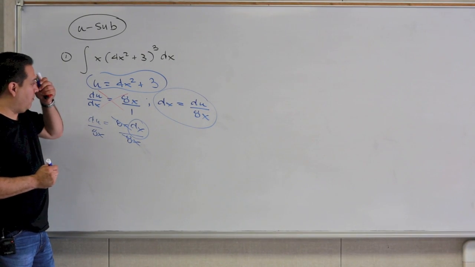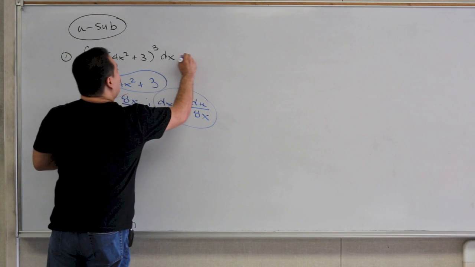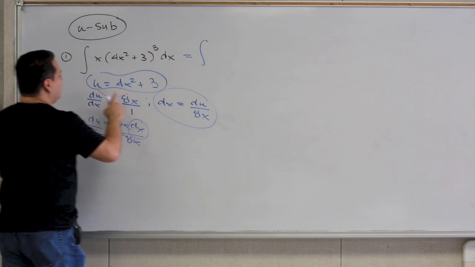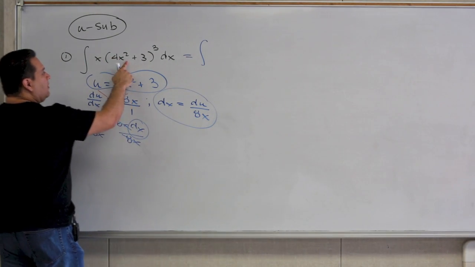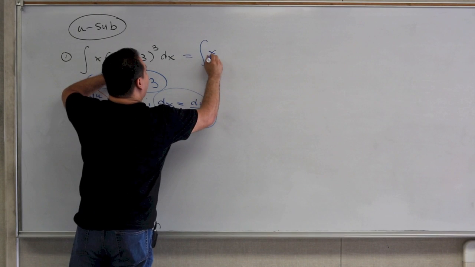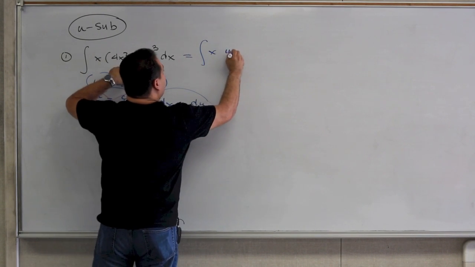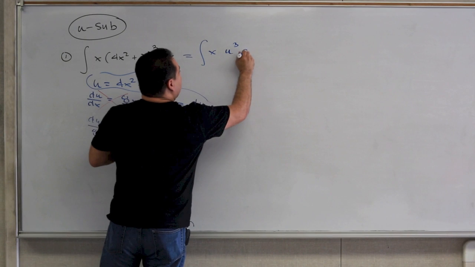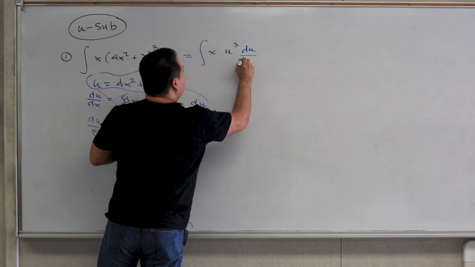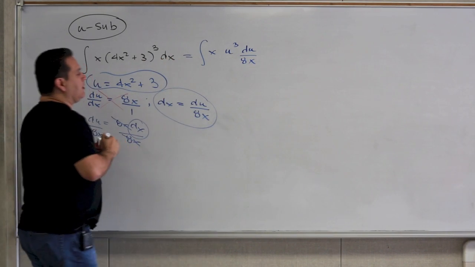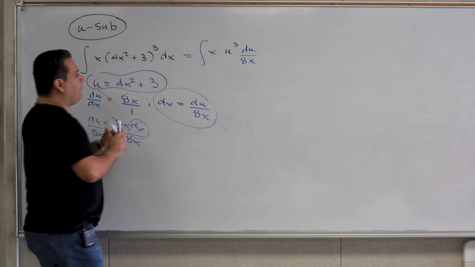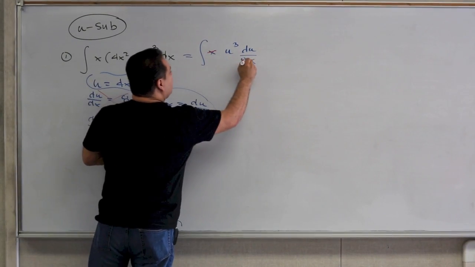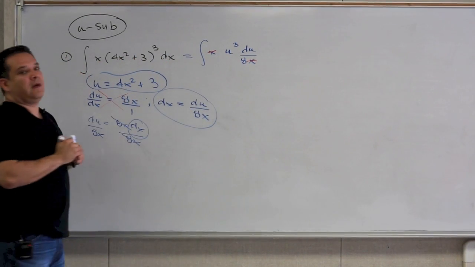So anyway, in this integral, if we replace U with my 4x squared plus 3, there it is right here. I still have an x, though, but this is now U to the third power, and then I replace dx with du over 8x. Notice that you get a cancellation with the x.